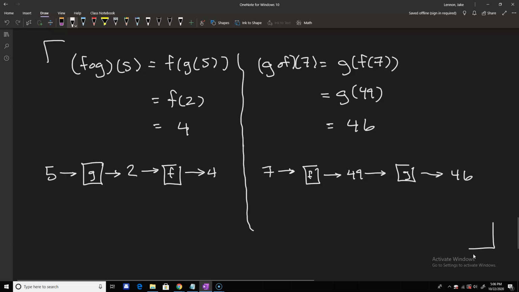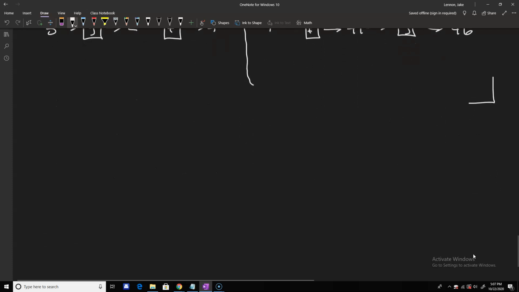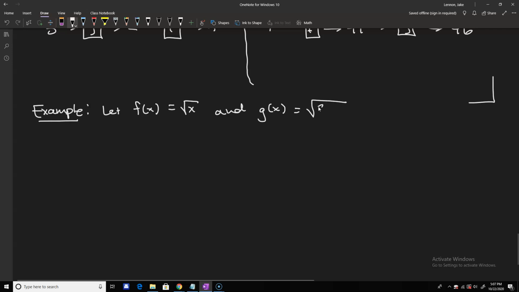So let's go through one more example, where we have something interesting going on with a few more functions. Let's say we have f of x equal the square root of x and g of x equal the square root of 2 minus x.